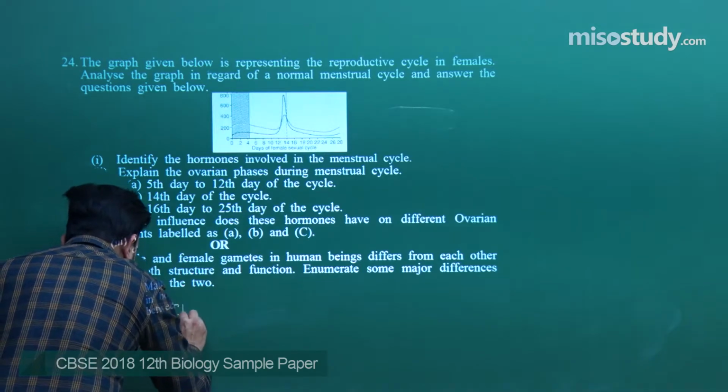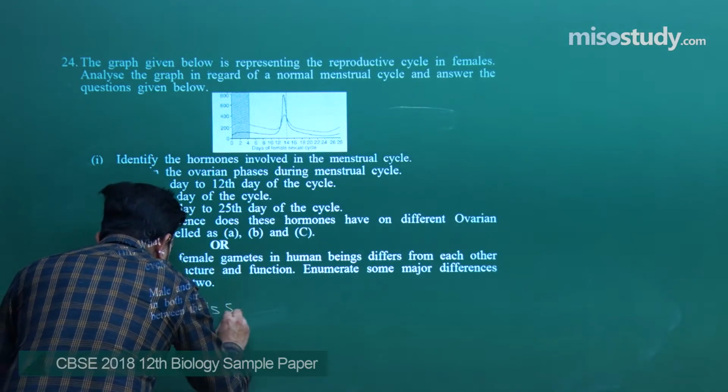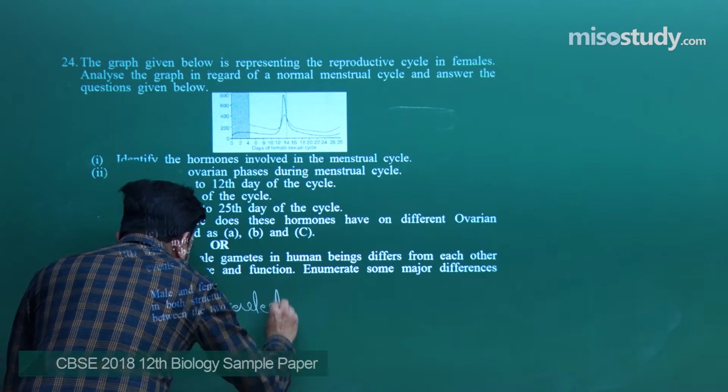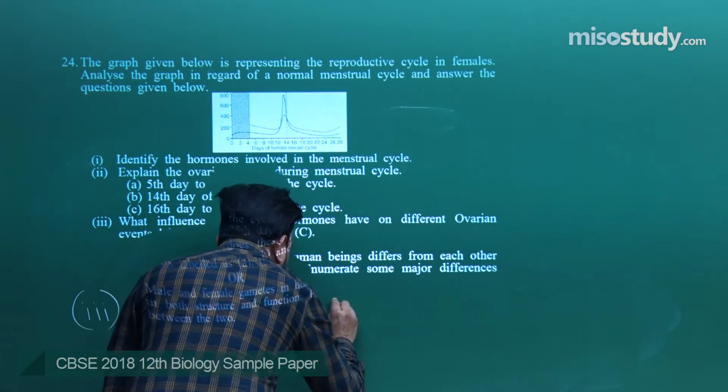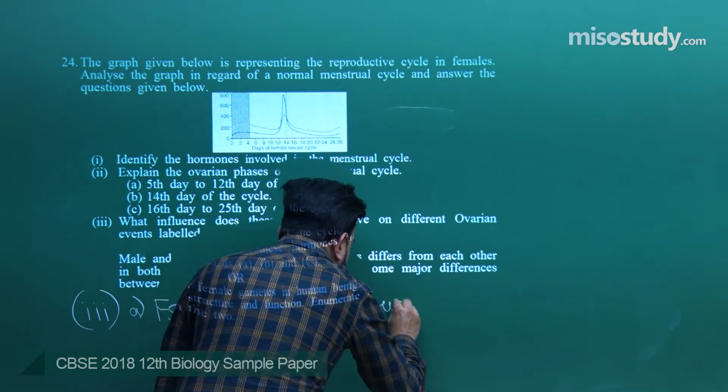Follicle stimulating hormone is secreted by the anterior pituitary.